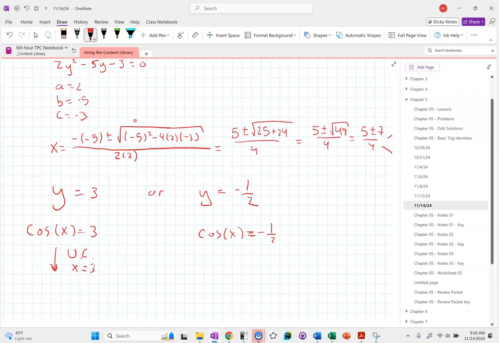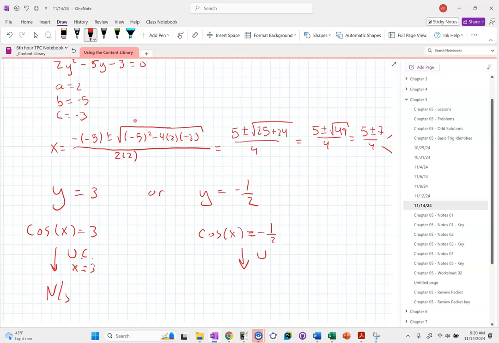There's no spot. What do we know about the range for cosine? What are the values that cosine can output? They're between -1 and +1. Can I get a value of 3 to come out of cosine? No. What does that mean for this part of the equation? No solution to it.